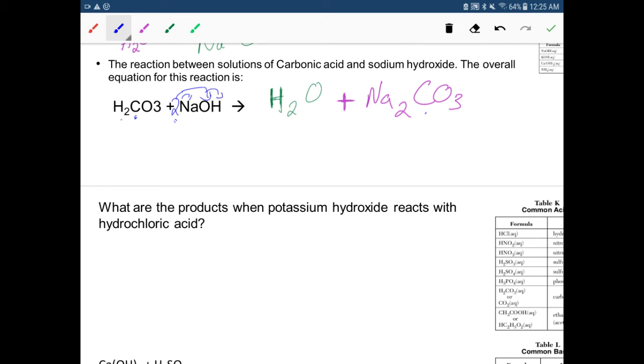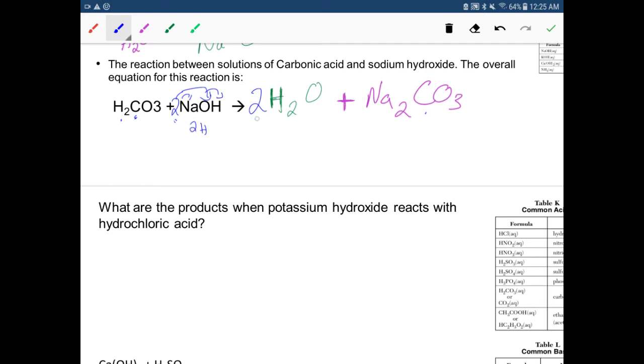I have 2 hydrogens here, and then I have 2 times 1 hydrogen, so 2 hydrogens in this molecule here, after the coefficient. So you have 2 hydrogens, that's 4 hydrogens, but here I only have 2, so I'm gonna have to add a coefficient here of 2.